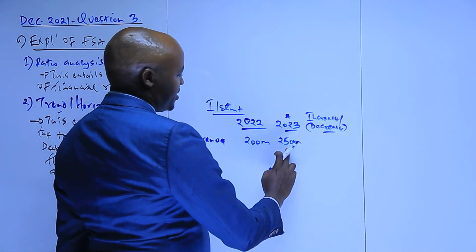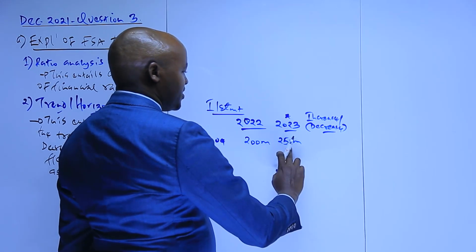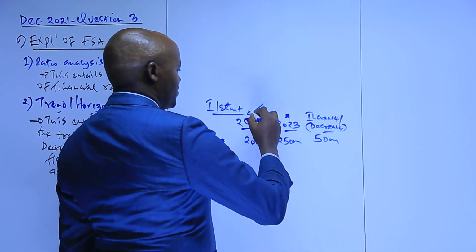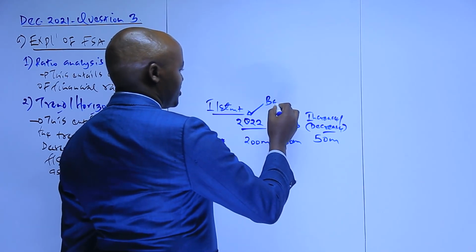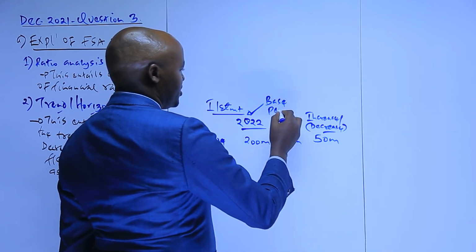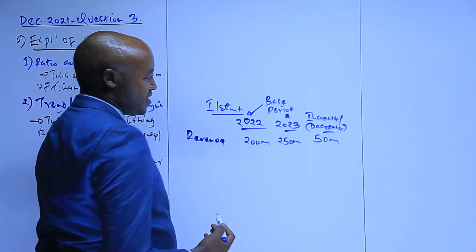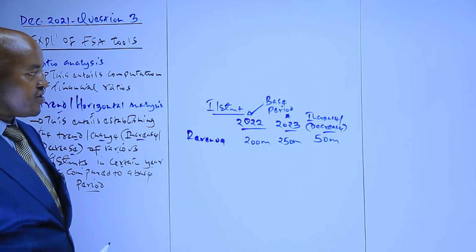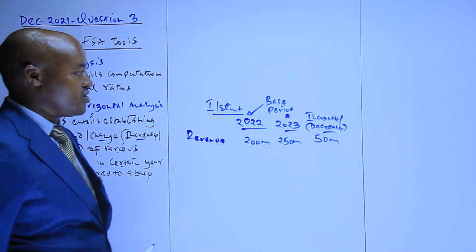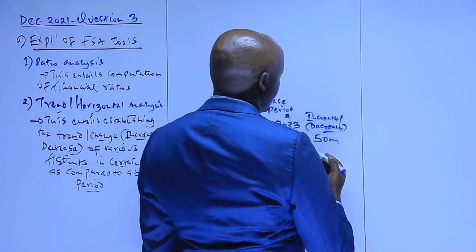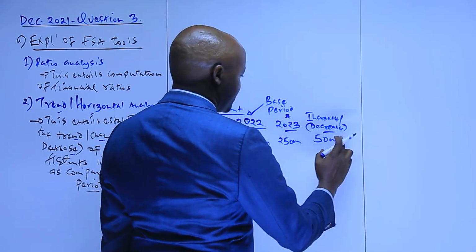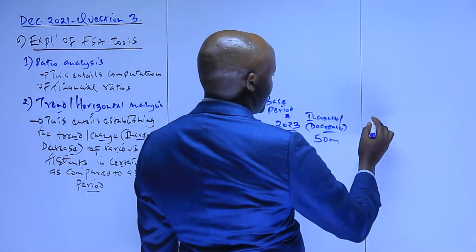In this case, we can see the revenue for this year increased by 50 million compared to the revenue for last year. So basically what that means is that the year 2022 will be recognized as the base period. That is the year we are using to determine whether the revenue for 2023 increased or reduced. After showing the increase or decrease, basically an increase you record as a positive, but if it was a decrease it is recorded as a negative, inside brackets.